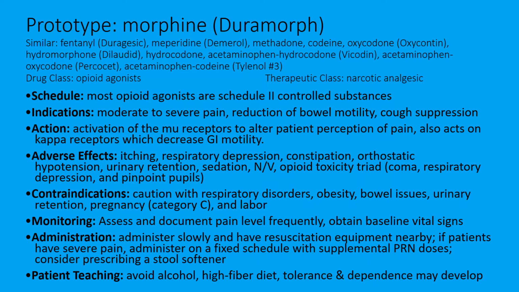Also remembering that these are CNS depressants, so any other drug that will also suppress brain activity, such as the barbiturates, the benzodiazepines, alcohol, they will be additive to these drugs.